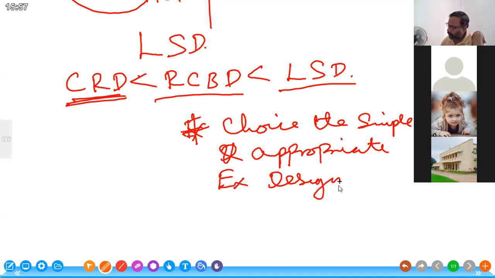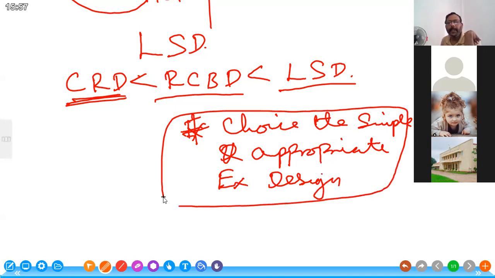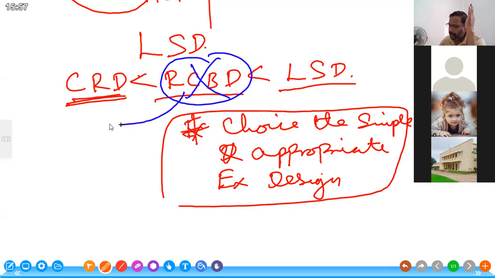So this is the important message for everyone. Choose the simple and appropriate design. So when you want to do blocking, if by knowing that you need to do the blocking, without doing blocking or RCBD, if you try to do CRD, then that is wrong design.